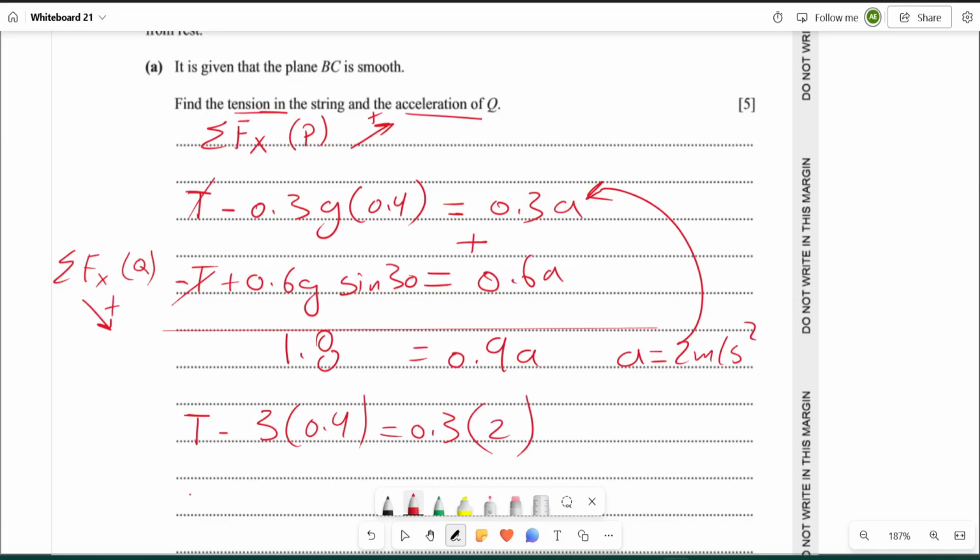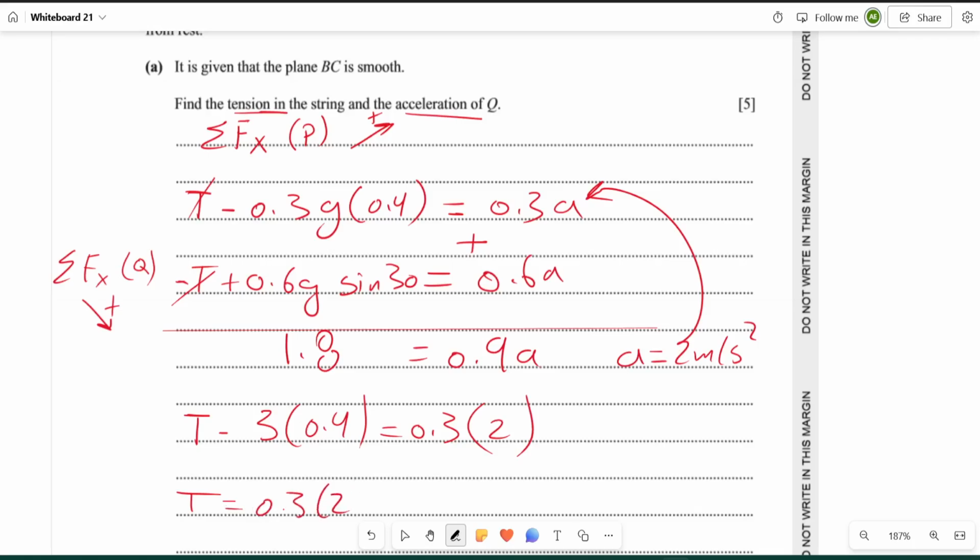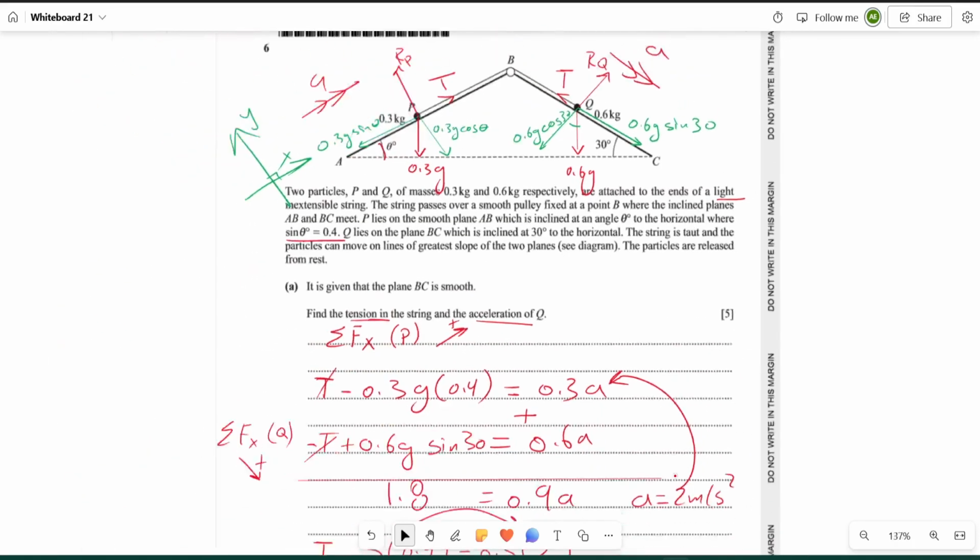So tension is going to equal 0.3 times 2. I'm going to move this to the other side so it becomes plus 3 times 0.4. That is going to give me an answer of 1.8 Newton, and that is the correct answer.